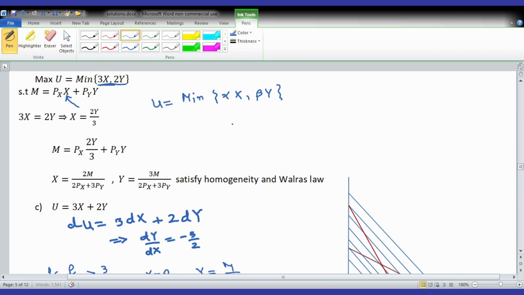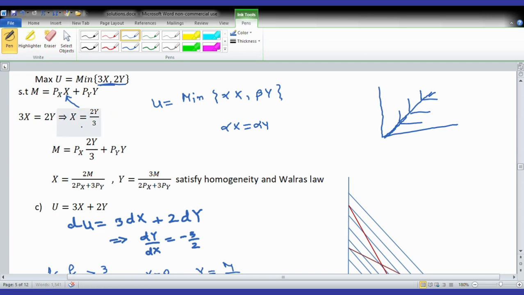First, equate alpha x equal to beta y, and this gives you a ray coming from the origin, along which you will find the corners aligned. So we first need to find this ray, and this is what we have done.